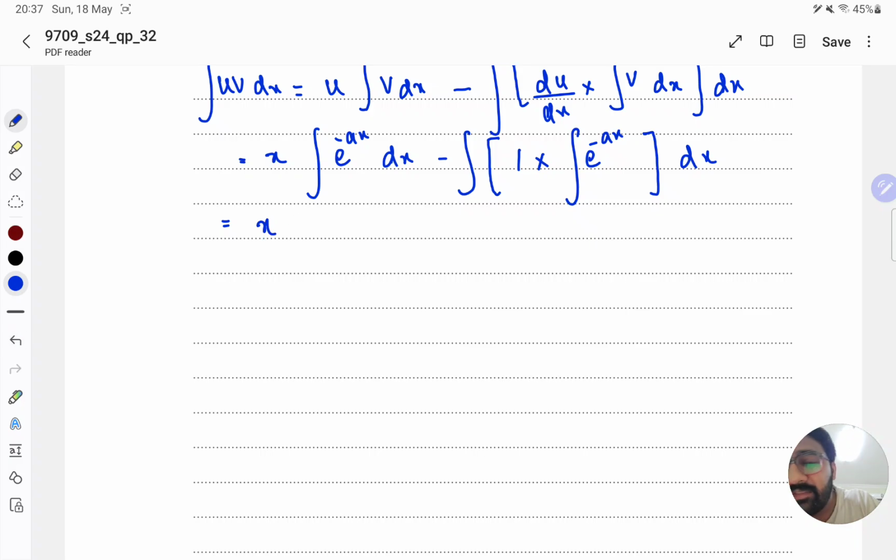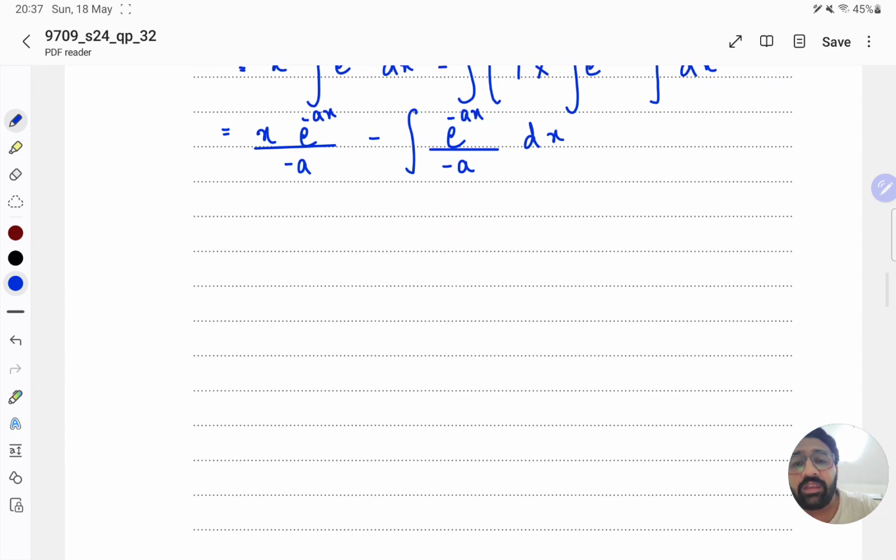So integration of this will be e raised to the power of minus ax as it is divided by the differentiation of the power, which is minus a, minus the integration of, first of all let's do the inner integration, which will give me e raised to the power of minus ax divided by minus a dx. Now if I simplify it, I can take the minus a outside.